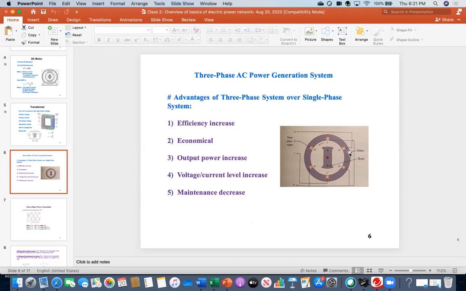Here A prime, B prime means the 3 sets of arrangement, which we are calling the 3-phase, but inside each arrangement, there are multiple parallel paths. Very good. So this is a realistic picture. If you have a chance to visit any real power plant, you will see they place the coil in this fashion.